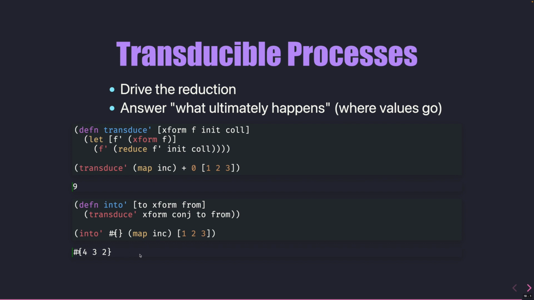So this is all it takes to implement a transducible process, right? So you can probably imagine what this would look like if, say, you were using core async and you were reading from a channel and let's say, outputting values to a channel, right? We know that we're going to have to provide some sort of reducing function that is going to take that channel and a value.